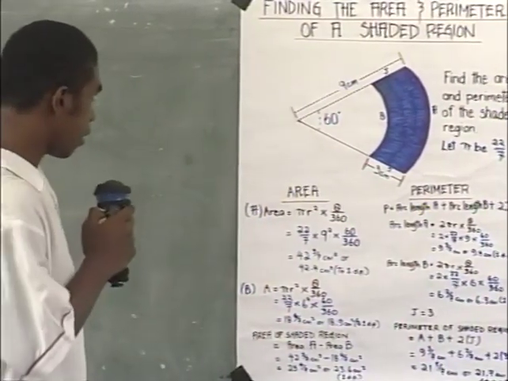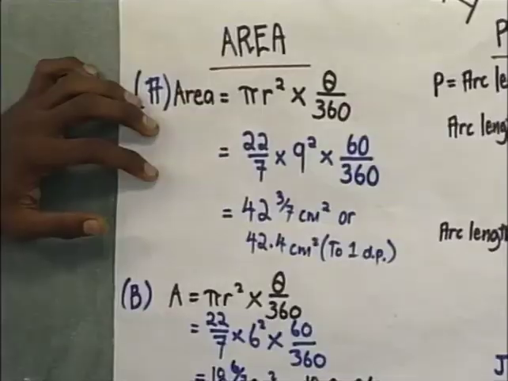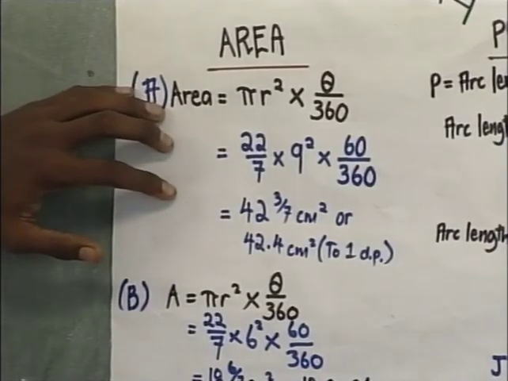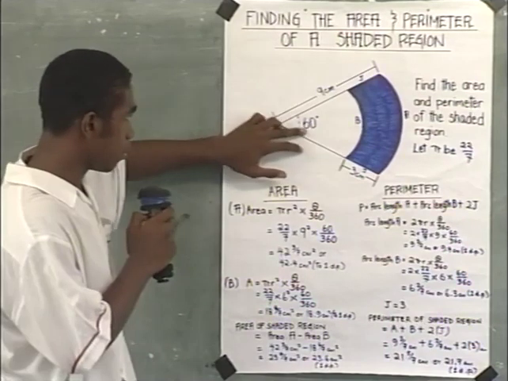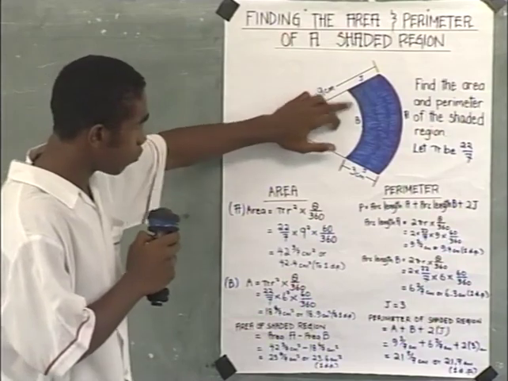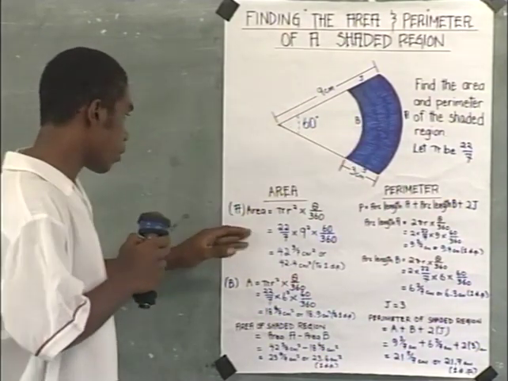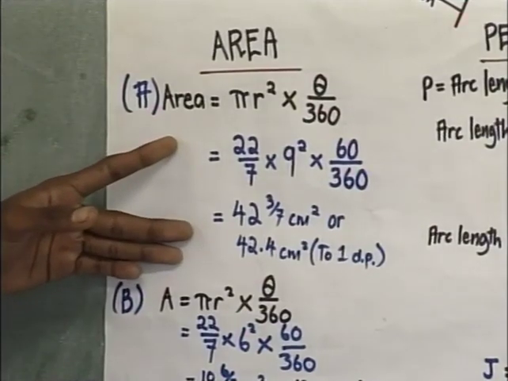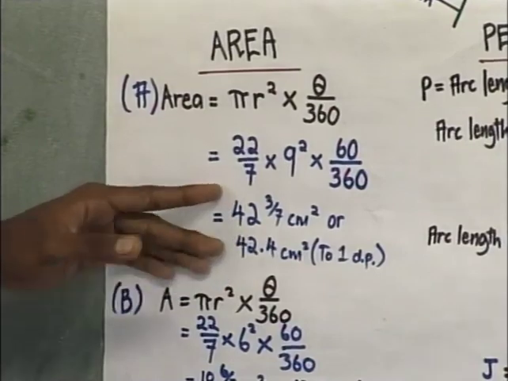Okay. To find the area of the shaded region, you firstly have to find the total area of the, let's just say this one, we call it the larger sector, and then this one will be the smaller one. So you find both areas first. Using the formula, area equals pi r squared times the given angle over 360.